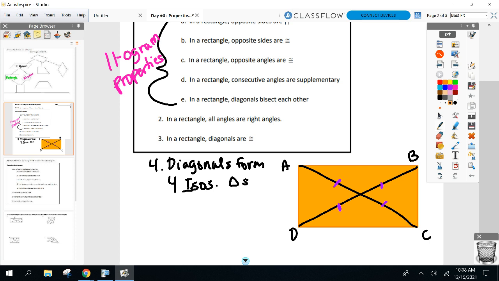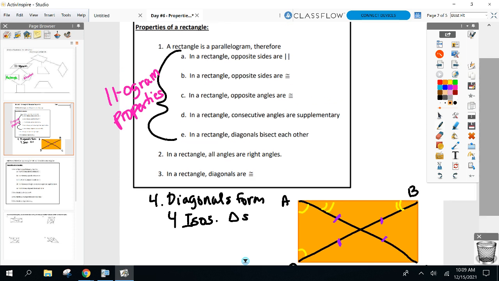Why would I need that, though? Who cares? Here's why. Let's take this isosceles triangle right here. What's across from these congruent sides? Oh, so that's why. So those are equal, and we could go around. That's why it's good to know that there's 4 isosceles triangles in a rectangle, because the angles across are equal.